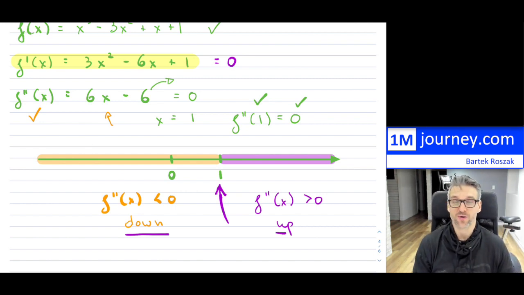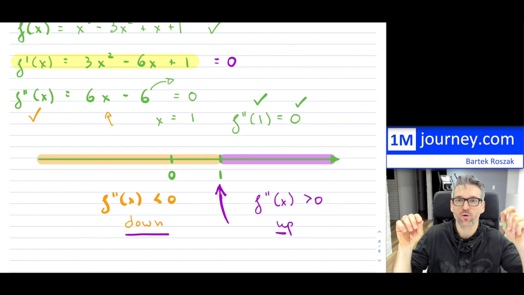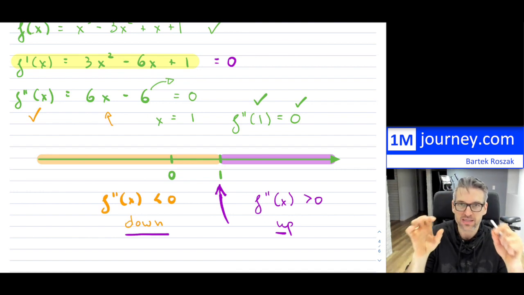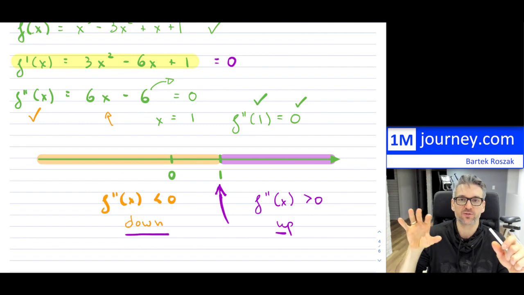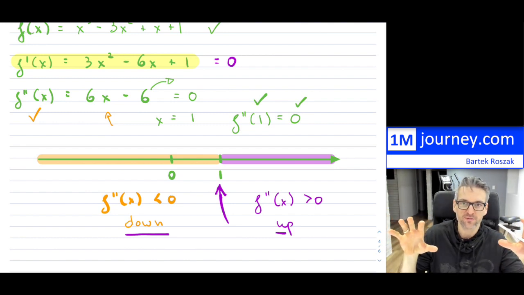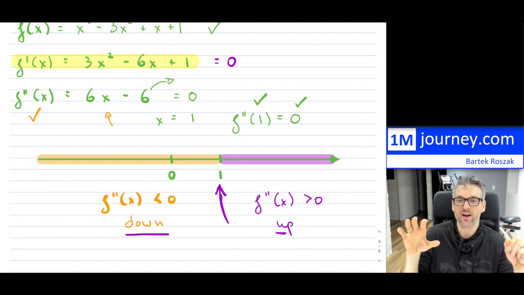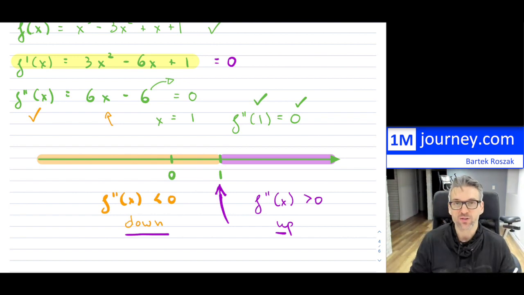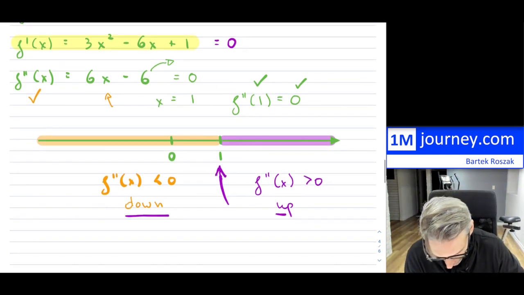This is just a quadratic. And then I'm going to test if it's a local maximum or local minimum. And then I'm going to plot it for you so that you can see exactly and tie it into concave up, concave down, this inflection point, how it changes at the particular point x equal to 1, and then see the maximums and minimums. Okay, so let me do this in fast-forward fashion.